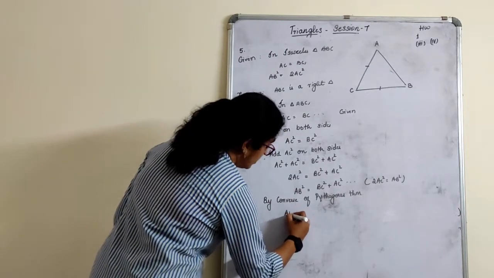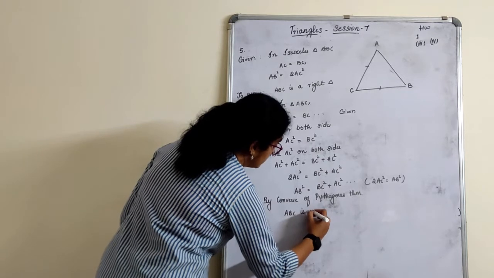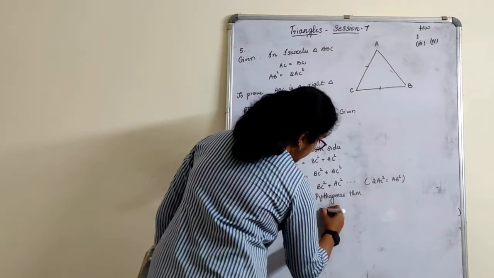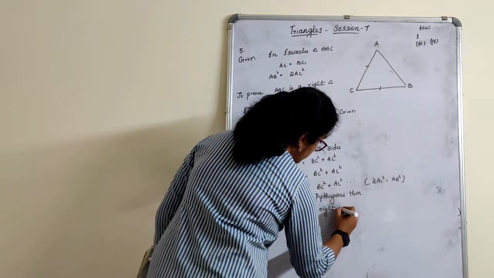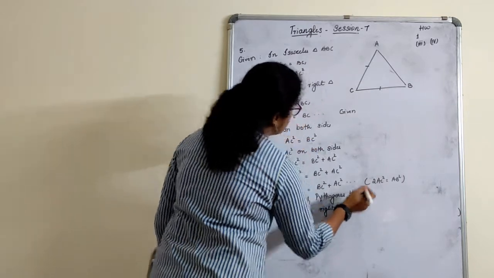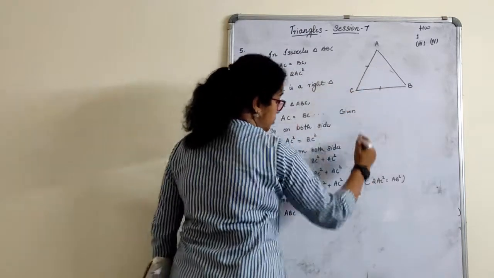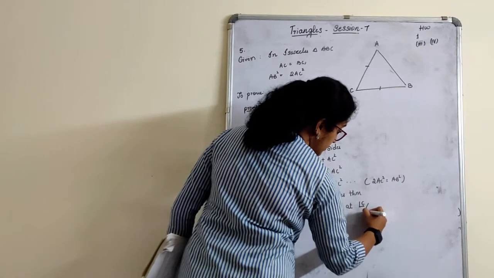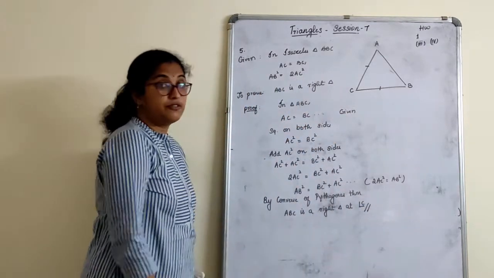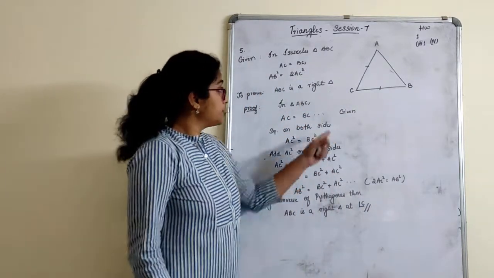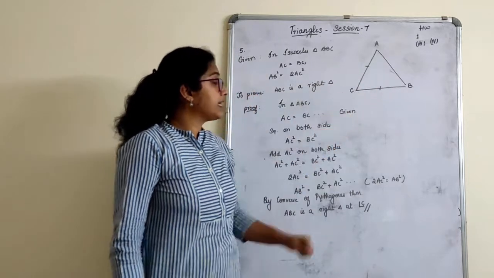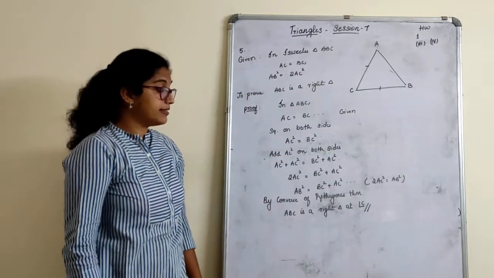Therefore, ABC is a right triangle, with AB as the hypotenuse, right angled at C. This is the final solution. Hypotenuse square is AB square, the opposite angle is C, and that is 90 degrees.